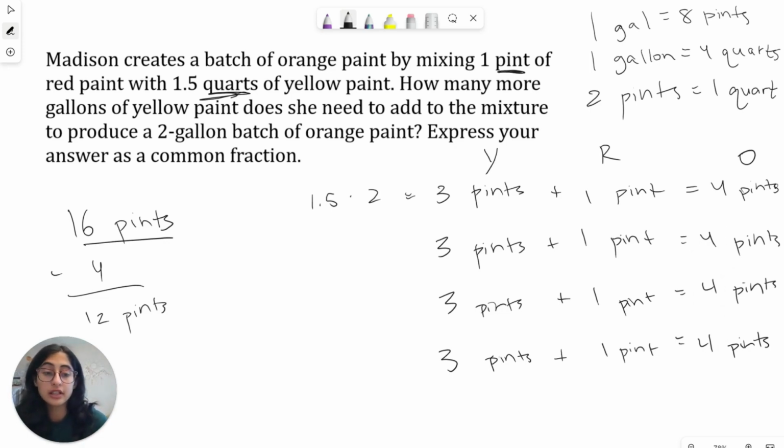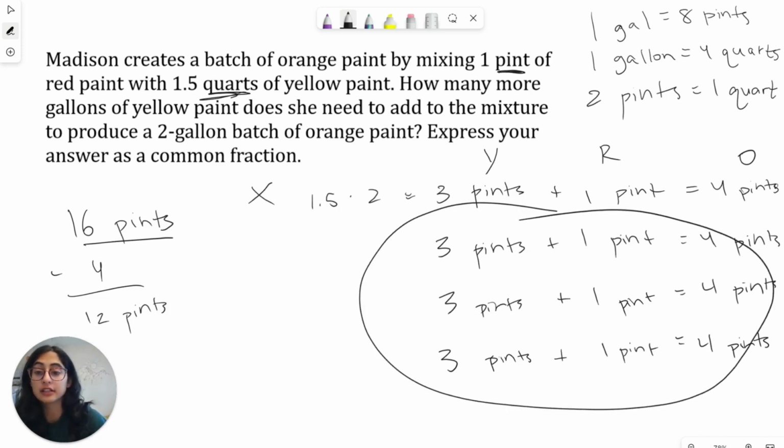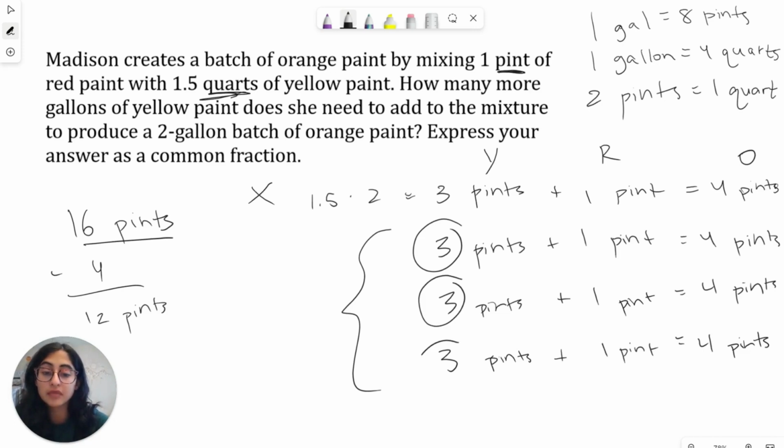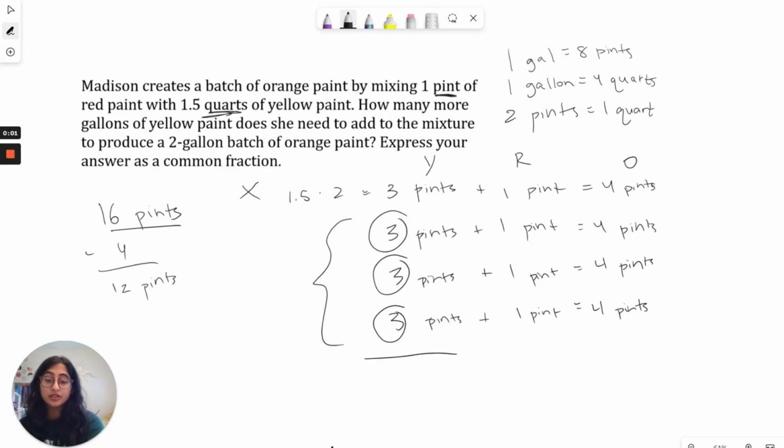Now, this total is going to be 16 pints, but we already had this amount, so we're only counting the additional paint we're adding, because it's asking for how much more yellow paint. So out of this section, the amount of additional yellow paint she needs to add is 3 plus 3 plus 3. Adding these up, we find that she needs to add 9 pints of yellow paint.